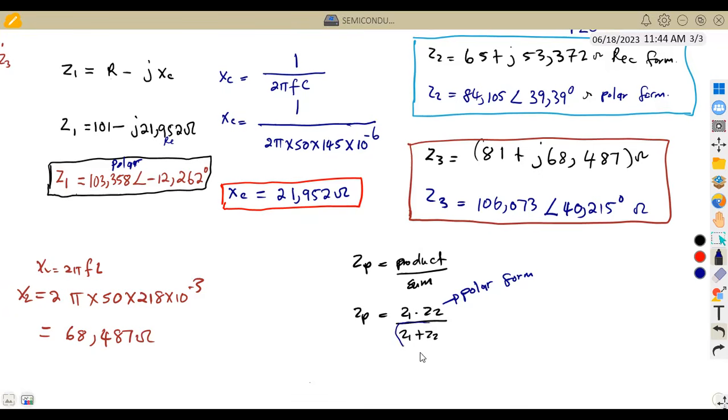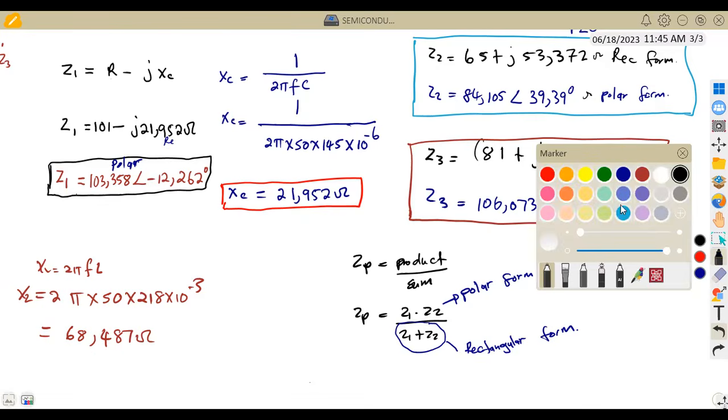Then for addition and subtraction, it's best to have this in rectangular form. Please take note. Meaning, use both rectangular and polar forms, so that when you are simplifying, you do not have challenges.